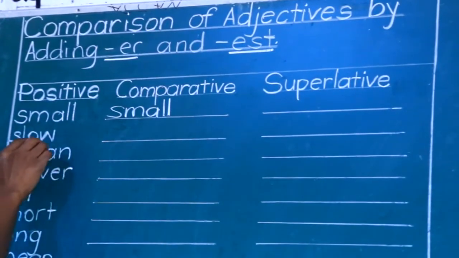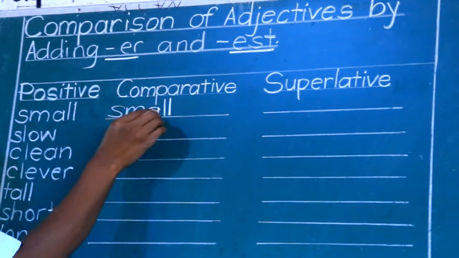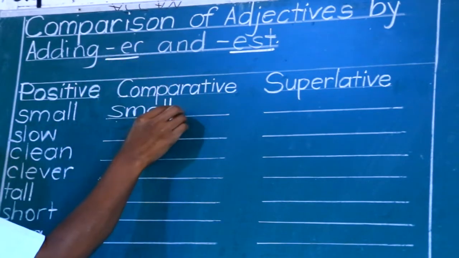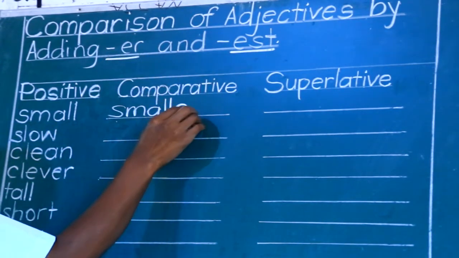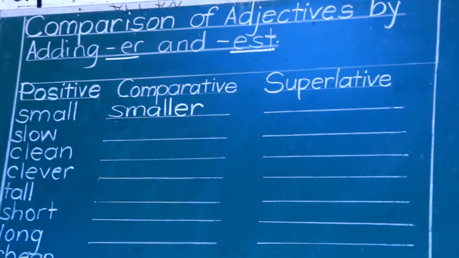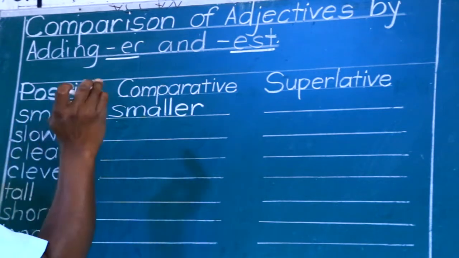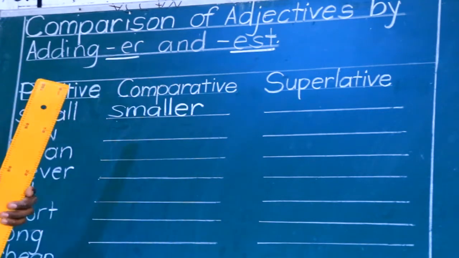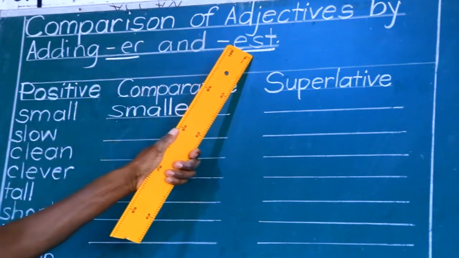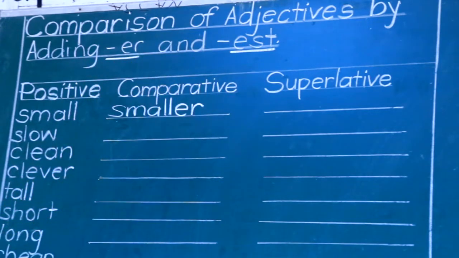Smaller is formed from small. So you write small, then add those two letters, ER. Yes, see the word we have formed, smaller. We go to its superlative. In the superlative, we are going to add 3 letters, EST, as the rule says.